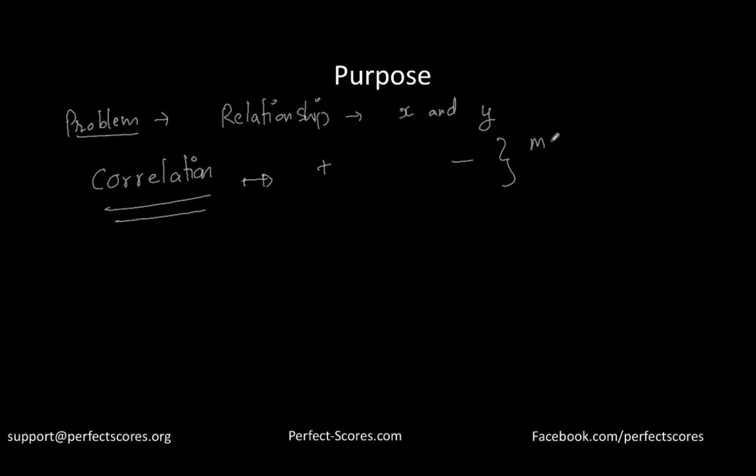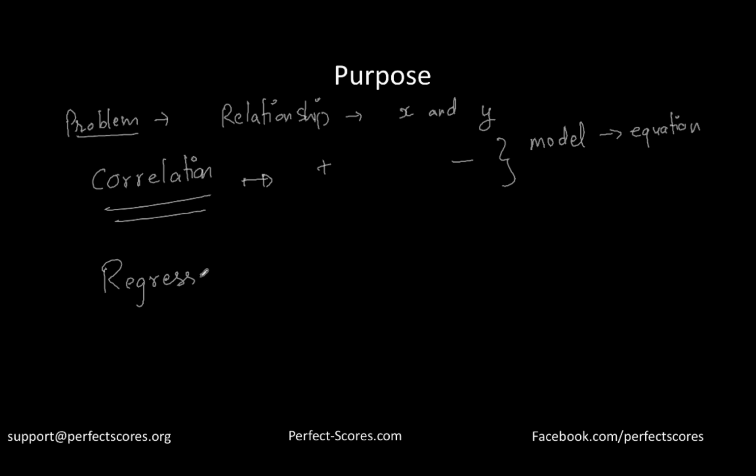We cannot model with correlation. We cannot model two variables and actually find the equation of two variables, right? This is something that we cannot do in correlation, and this is where the need arises for something more sophisticated, and that is regression.